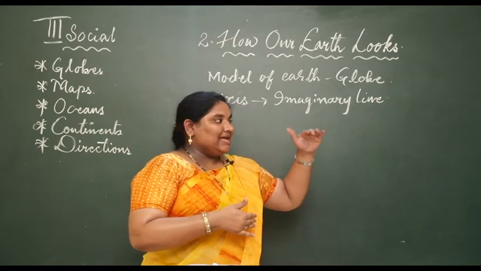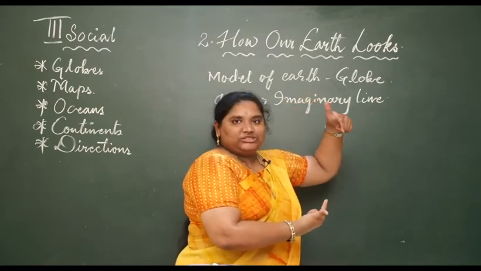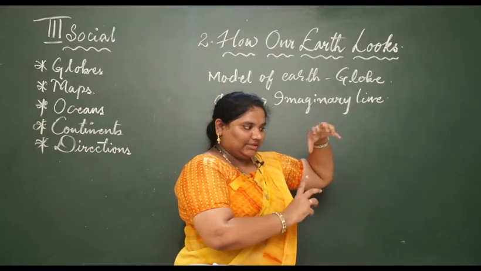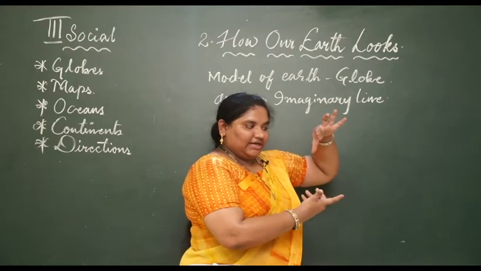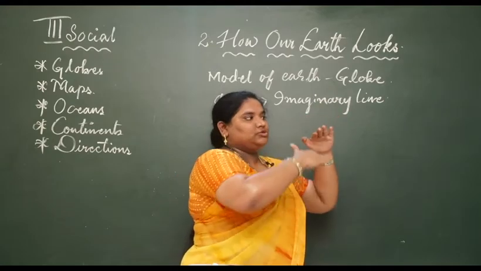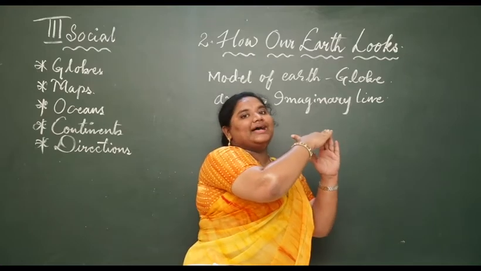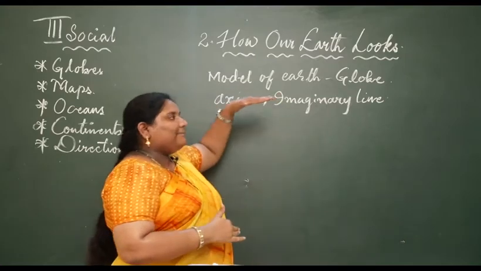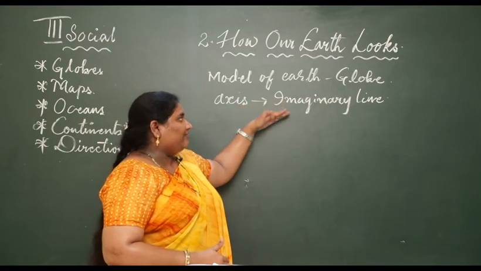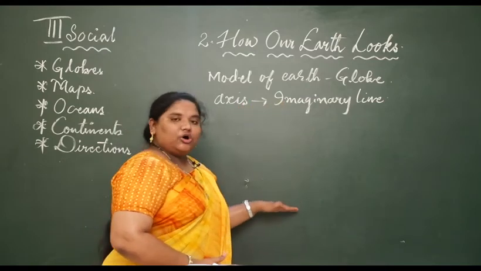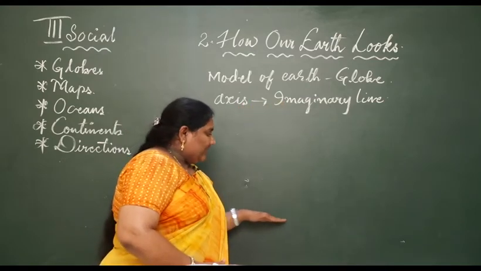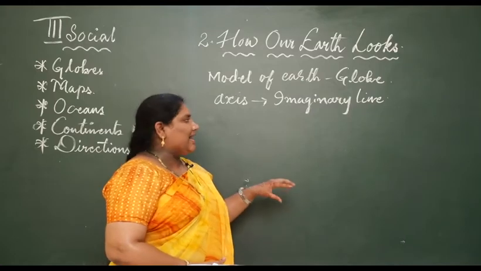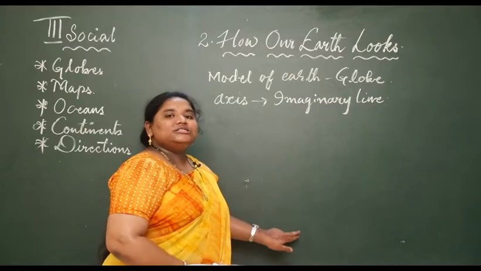It has two poles, two points. Am I right? Like this. If you see a ball and rotate it, we have two points here. The top part is called the North Pole, and very opposite to it is the South Pole, which is at the bottom. So the globe has a North Pole and a South Pole.